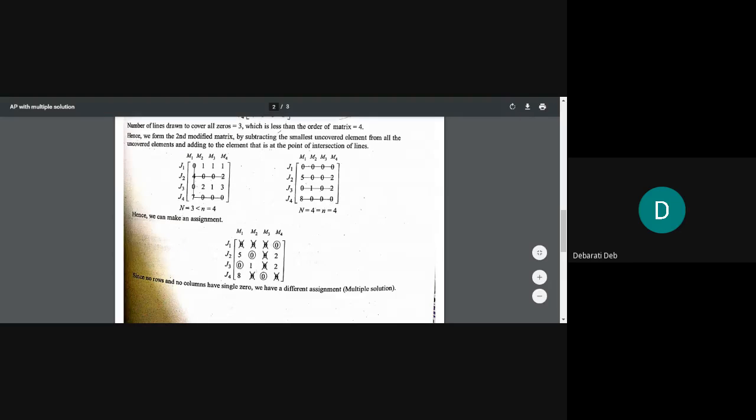Numbers will be same. Row wise 0, 0, 0, 0, 5, 0, 0, 2, 0, 1, 0, 2, 8, 0, 0, 0. Right. I hope it is written.